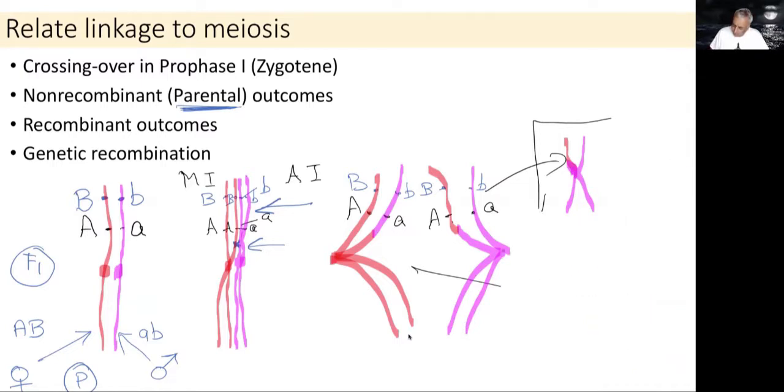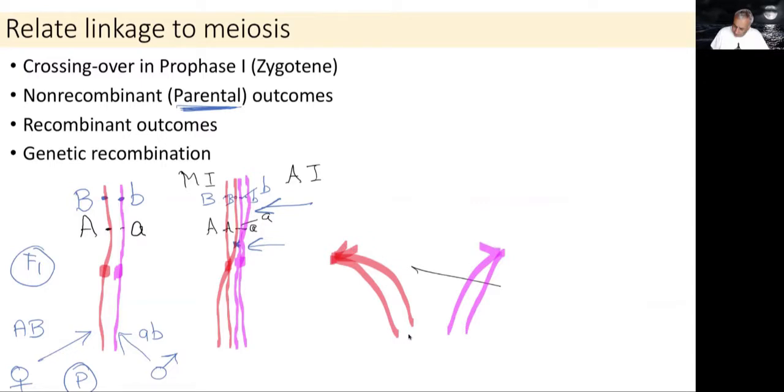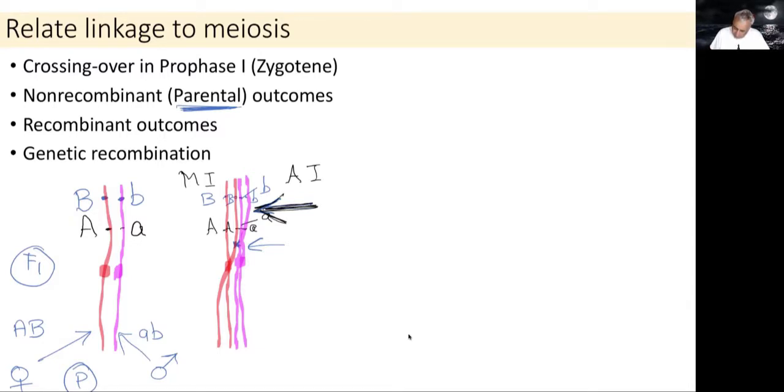We're going to assume that there's a crossover right there as indicated. This is the one crossover we're looking at. The crossing over system came along in zygotene and put a crossover event right there. So what's going to happen now? We're going to ignore the crossover at the bottom and just assume that the crossover above has taken place. Let's draw this very rapidly.